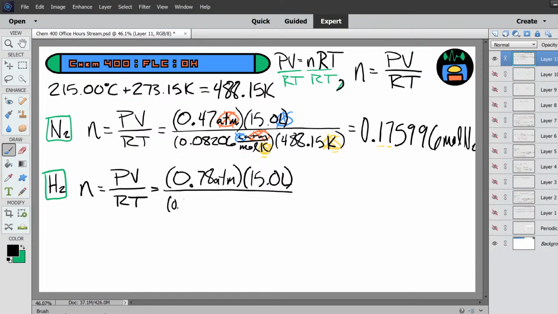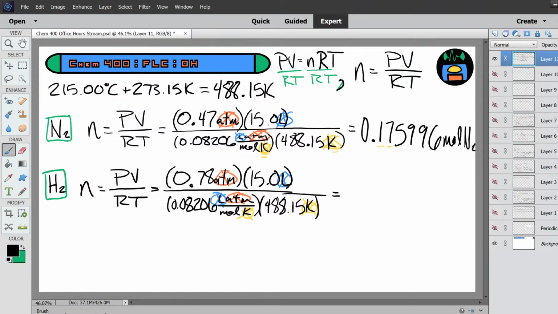The ideal gas constant is constant as always, 0.08206 liter atmospheres per mole Kelvin. And then our temperature in Kelvin, 488.15. Units cancel. Kelvin cancels Kelvin. Atmospheres cancel atmospheres. And liters cancel liters. We're left with moles, which is good because that is what we're solving for.